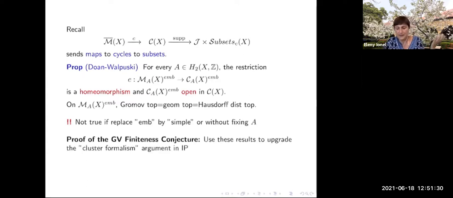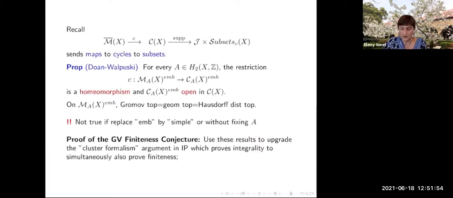Once you have these results about currents coming from geometric analysis, you just use them to upgrade. We had what we call the cluster formalism, decomposing the moduli space into clusters of curves and seeing what happens to the clusters as you deform things. That argument proved integrality, but using this new compactness result, you just upgrade it to simultaneously prove both integrality and finiteness.